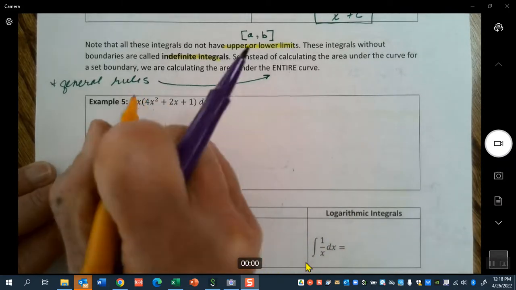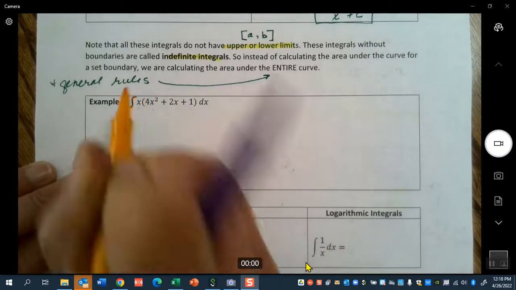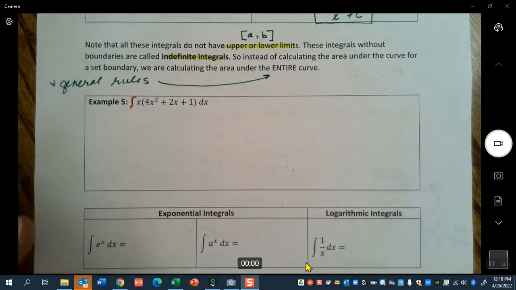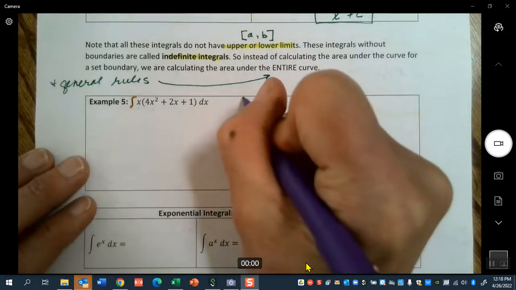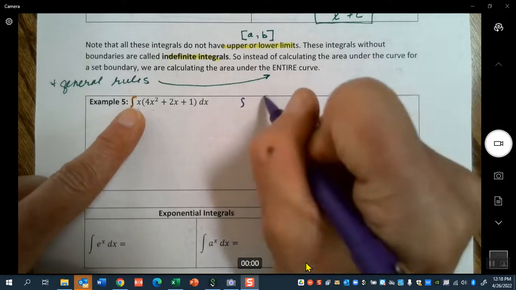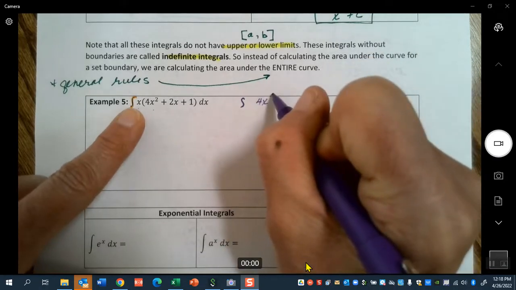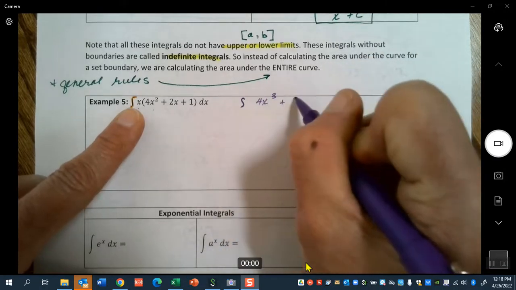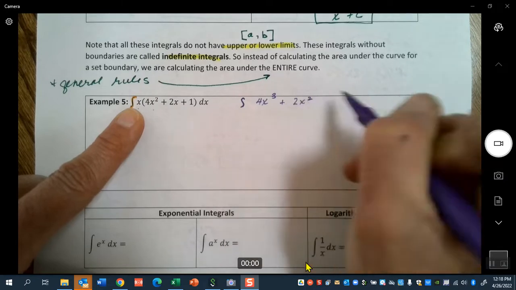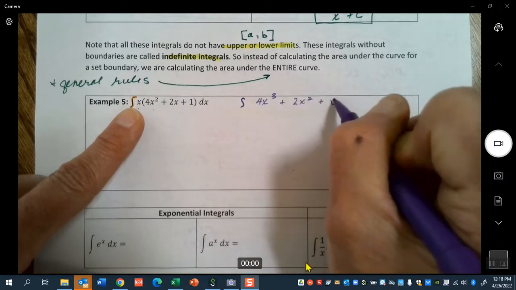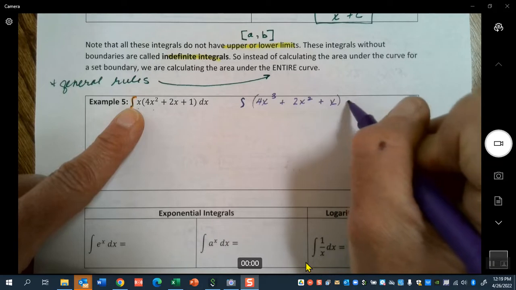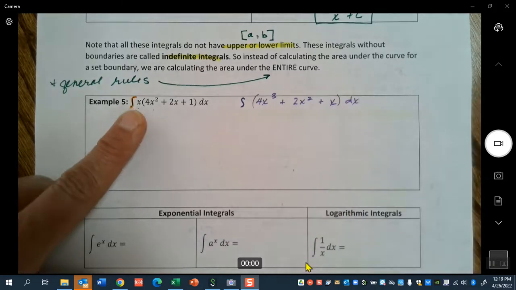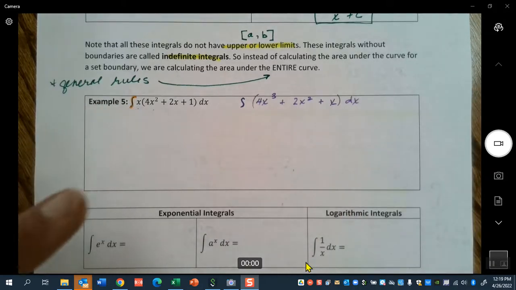So as I'm finding my integral, my area under the curve, I'm realizing it might be easier to take this expression and call it 4x cubed plus 2x squared plus 1x dx. Because then finding that rate is going to be a whole lot easier.